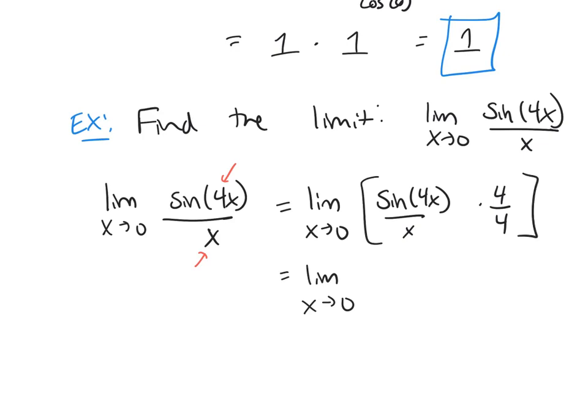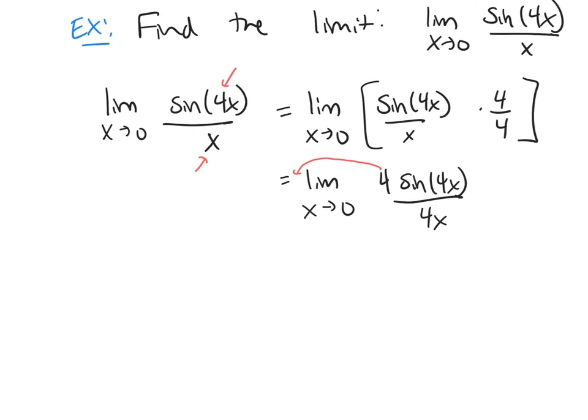But now, what that's going to allow me to do is move this 4 there and over here. And now I'm going to pull this scalar out in front of the limit.